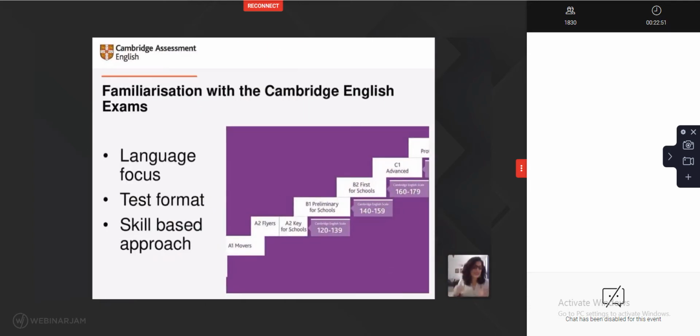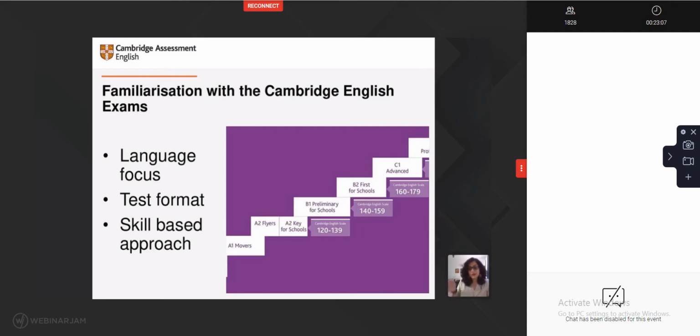So the first step in going about mapping the curriculum is that you need to familiarize yourself and acquaint yourself very well with the concerned Cambridge English exam.